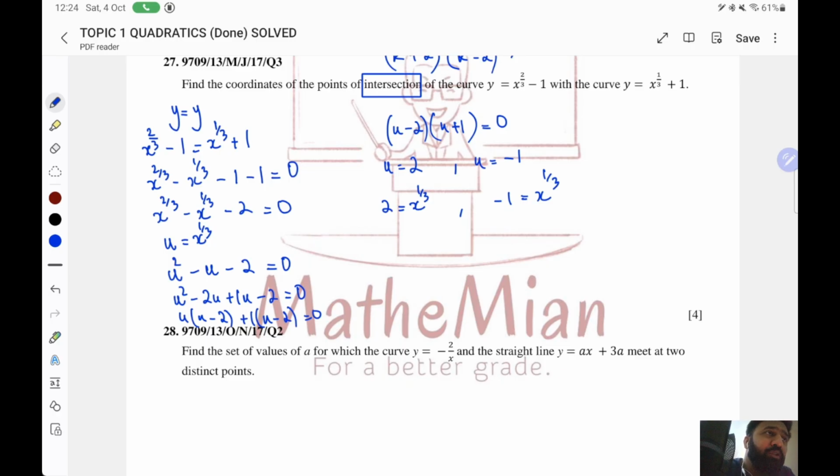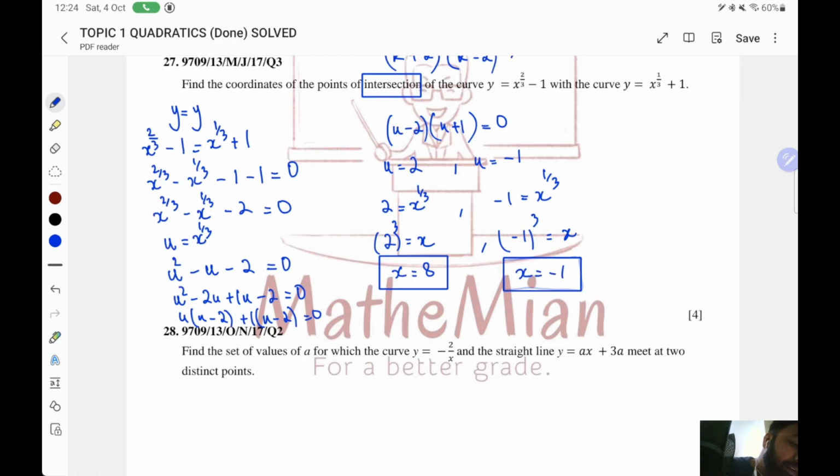When we flip it to the other side, it becomes 2 power 3 equals x, and minus 1 power 3 equals x. When we take the power to the other side, the power flips itself. So the two values of x we will have are 8 and minus 1. Is that clear to you?